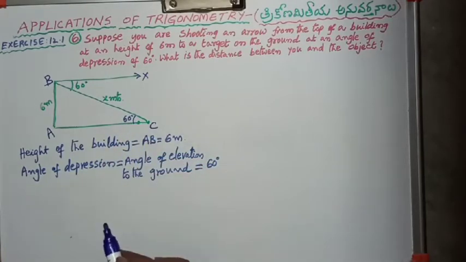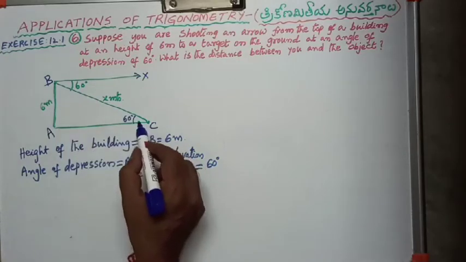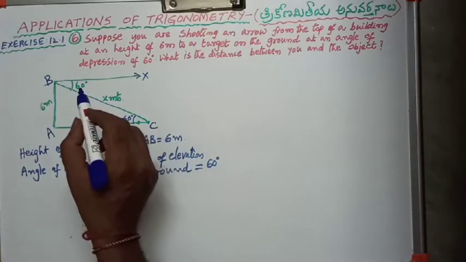Now what we have to find? The distance of the target from the shooting point.